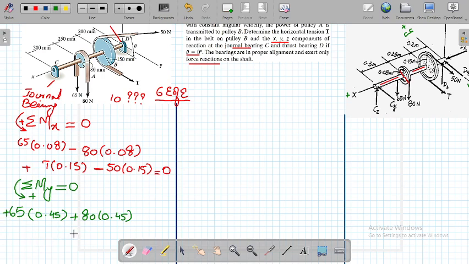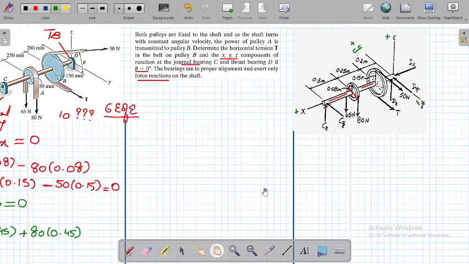If you again look at the picture, this 65 Newton force on the z-axis and this 0.45 along the x-axis will be rotating the body about the y-axis. You can easily say this is the axis, it will rotate about the y-axis, but the sense will be anti-clockwise. So that is the reason.